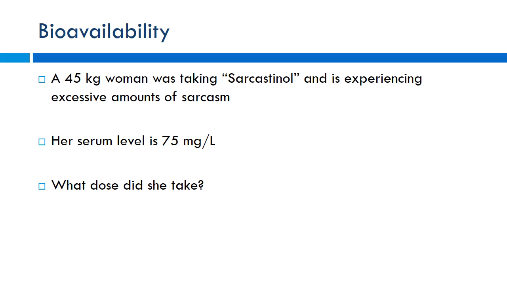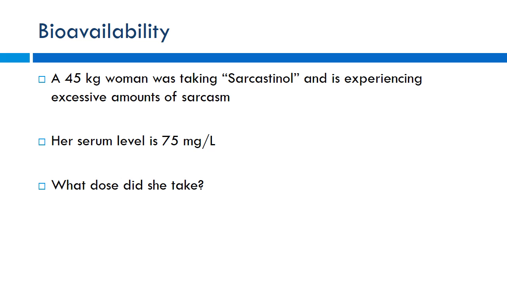So we need to isolate that. We're going to say C0 times her VD is going to equal the dose that she took. So we take 45 kilograms times 0.2, which means 9 liters is going to be her volume distribution. We multiply that by 75, that's her concentration.